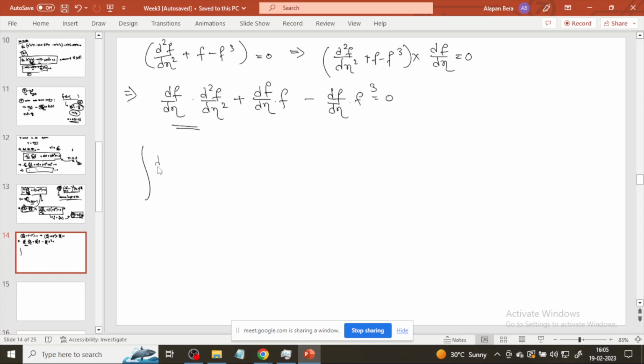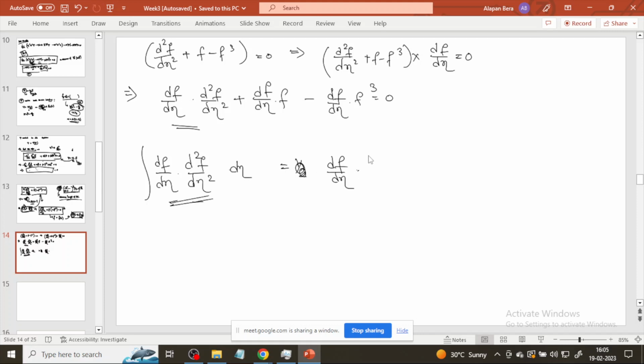So df by d eta into d square f by d eta square, integrated over d eta. We do this by integration by parts.